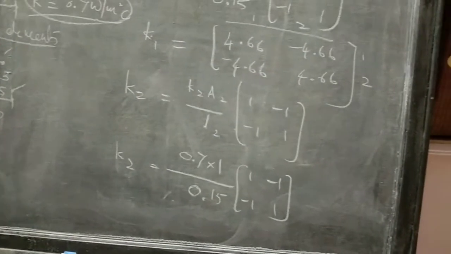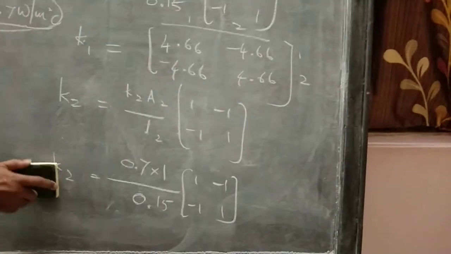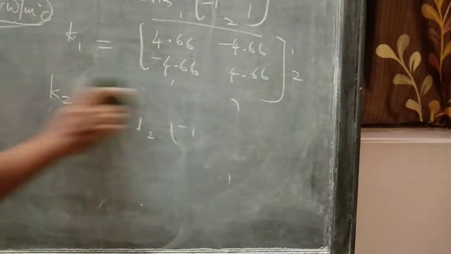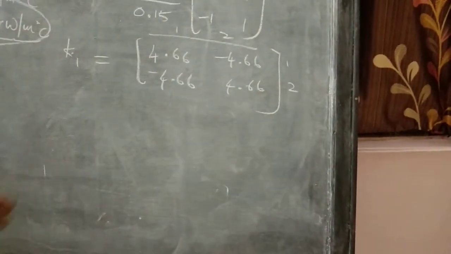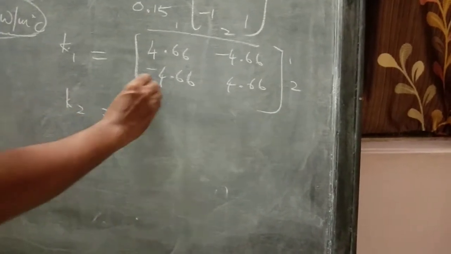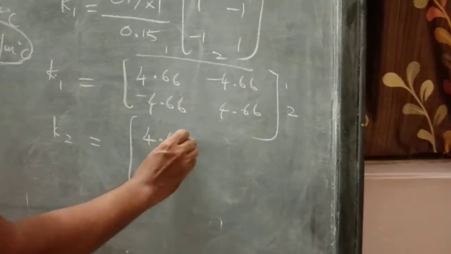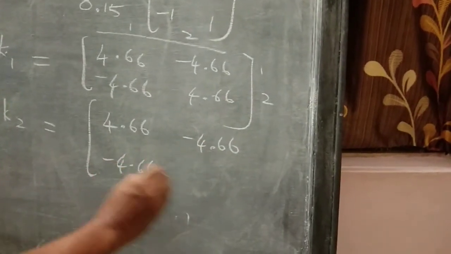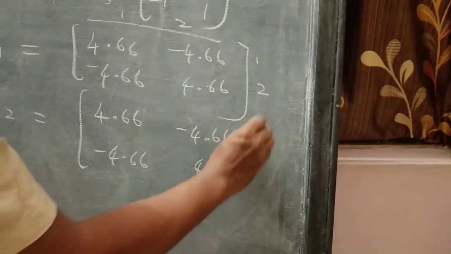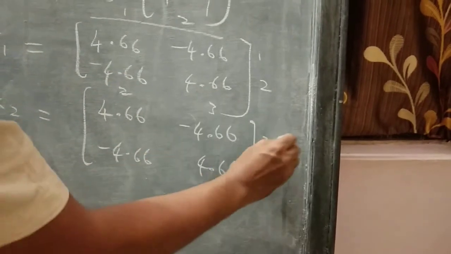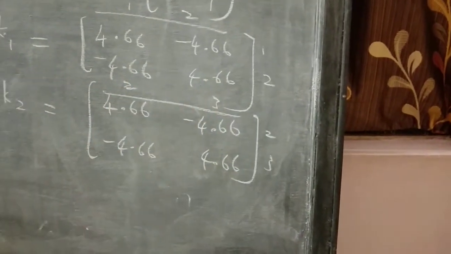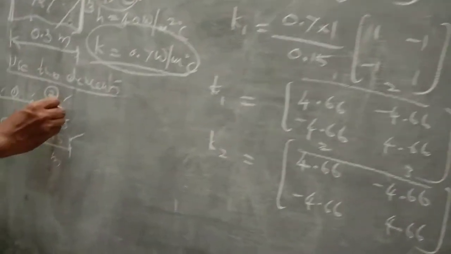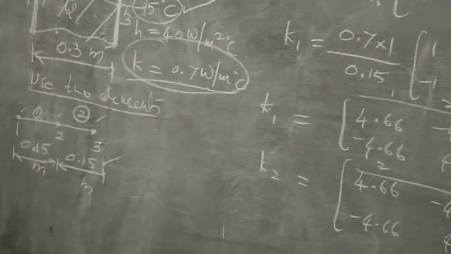If you calculate this ratio, it is the same as K1. You will get K2 also as 4.66, minus 4.66, minus 4.66, 4.66, and write the DOF numbers 2 3, since element 2 consists of two nodes numbered 2 and 3.